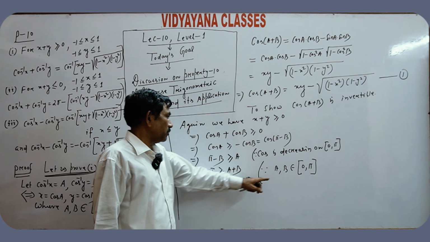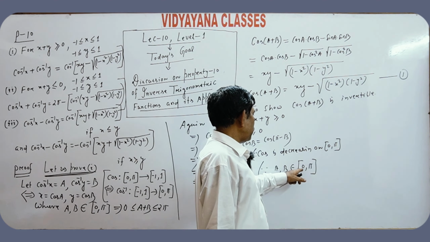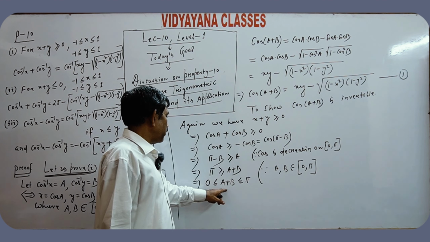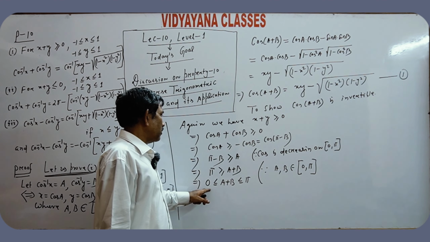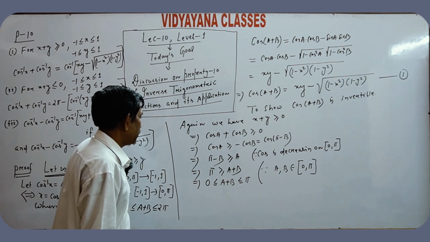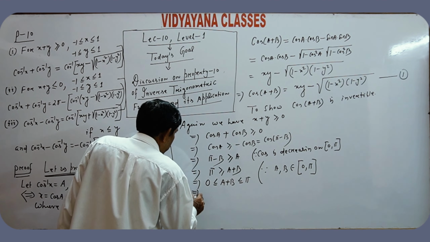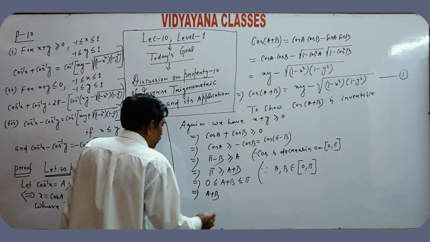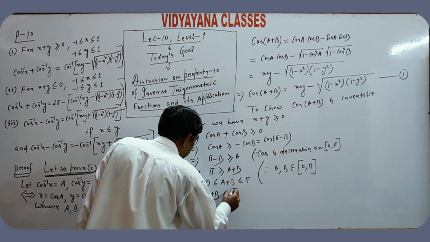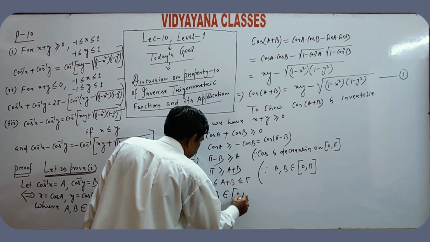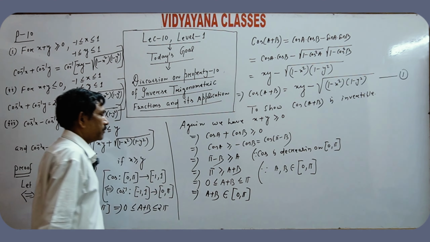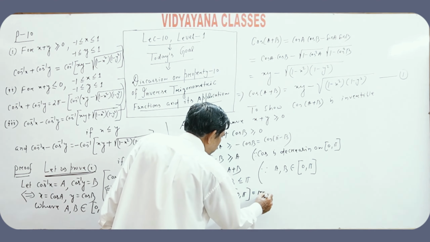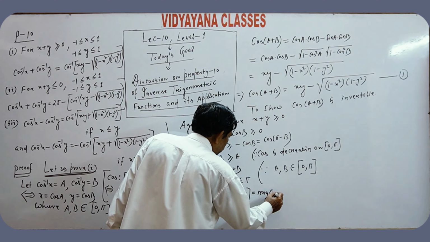Since a belongs to the closed interval 0 to pi, the minimum value of a plus b is 0 or greater than 0, which implies a plus b belongs to the closed interval 0 to pi, which is the same as the range of cos inverse.